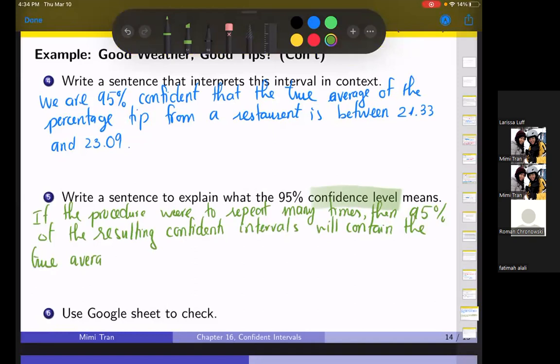Now in context, the true average representative tip from a restaurant.